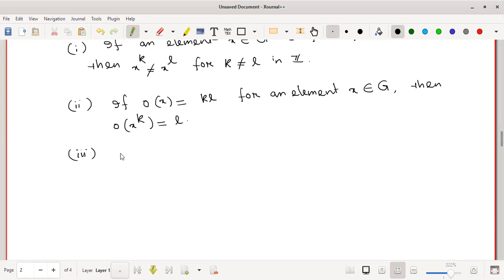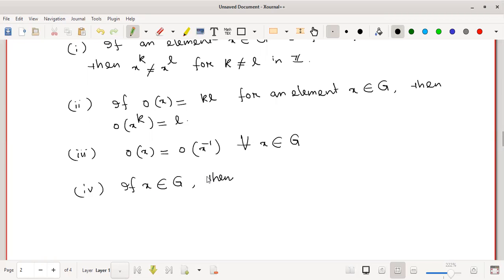Number 3: order of x is equal to order of x inverse for every element x in G. And number 4: if x is an element in G, then order of x is equal to order of gxg inverse for all g belonging to G. So let us prove one by one.